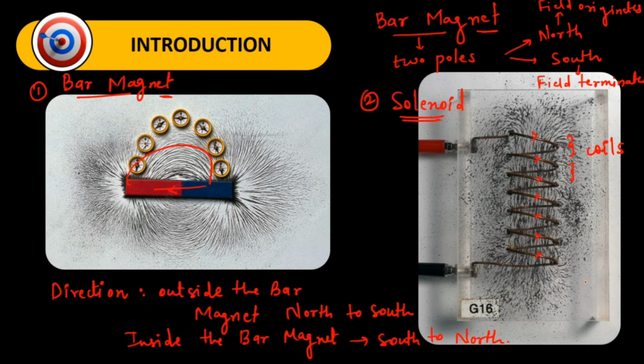When we try to observe the magnetic field, how it actually looks, what we can do is sprinkle some iron filings around it. When we sprinkle the iron filings, we see that they arrange themselves according to the magnetic field originating from that bar magnet or from that solenoid. So you can actually see how they look.